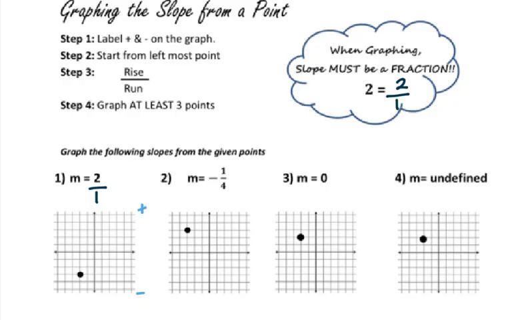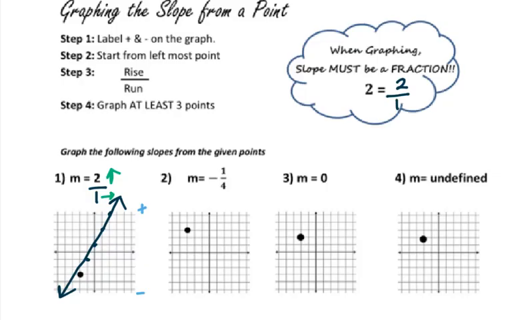So now I have a number that I can rise. It's positive. The 1 is also positive, so I'm going to go up 2 and to the right 1. So from my ordered pair, up 2 over 1, up 2 over 1. Easy. Rise 2, run 1. Graph my line.